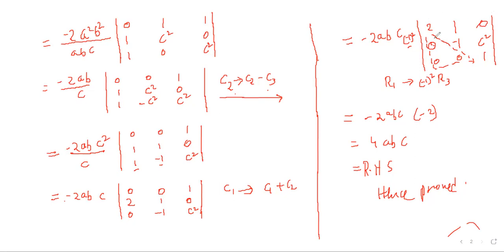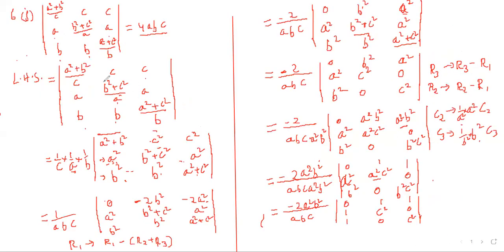We call it an upper triangular determinant when all the elements below the principal diagonal are 0. By finding the product of diagonal elements, 2 into minus 1 into 1, which is minus 2. When we multiply, it is 4abc, which we have to prove. In the first line, we wrote that we have to prove 4abc. So we have proved it.